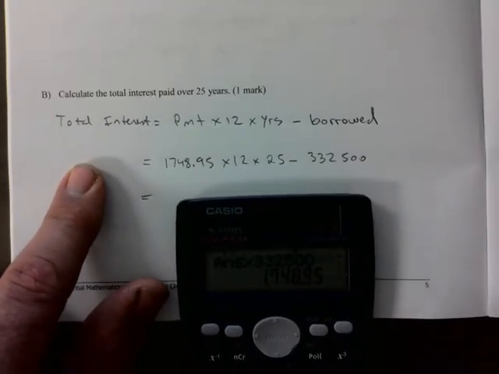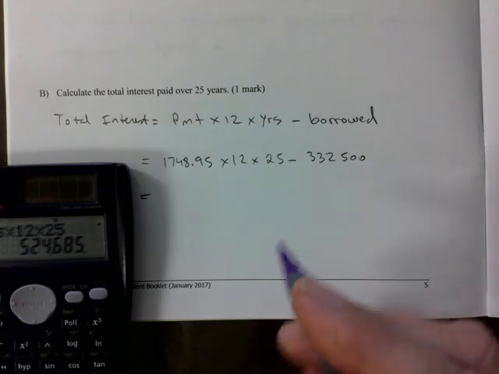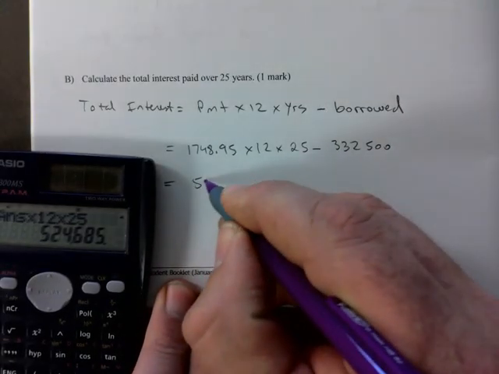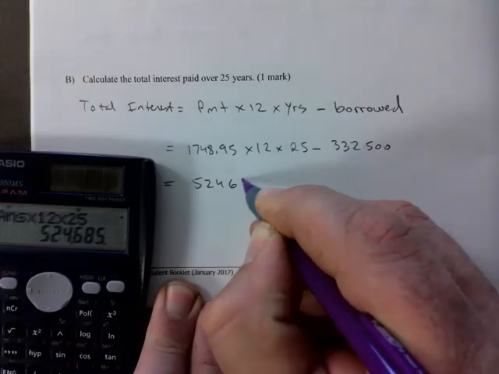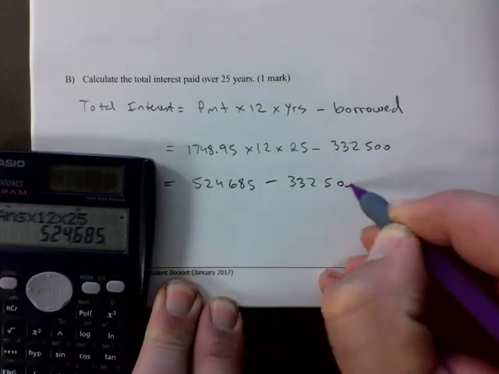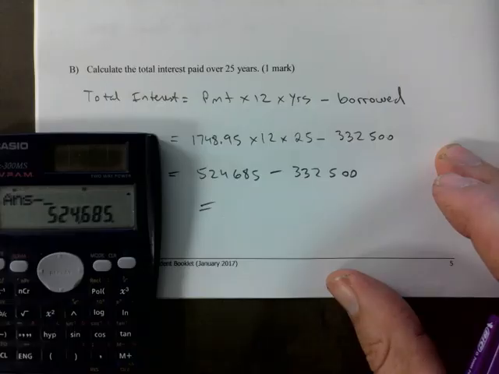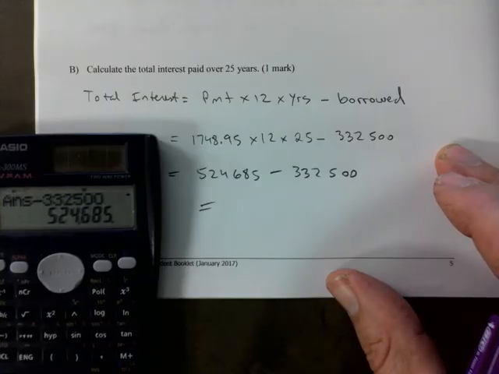Still have that payment in my calculator, so I'm just going to go times 12 times 25. Whew, that's a lot of money that you paid the bank. And unfortunately, that is what a lot of us do. So we go minus 332,500.